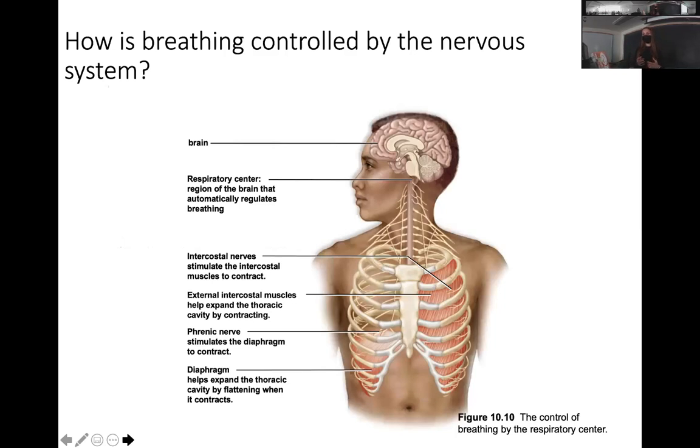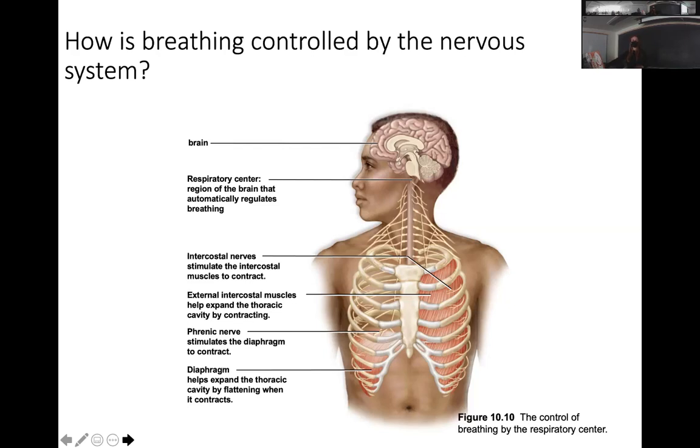The way that works is the respiratory center region of the brain that automatically regulates breathing. It's also located right here at the bottom, kind of close in communication with your lungs through nervous tissue. It's also connected to the intercostal nerves that stimulate those intercostal muscles.